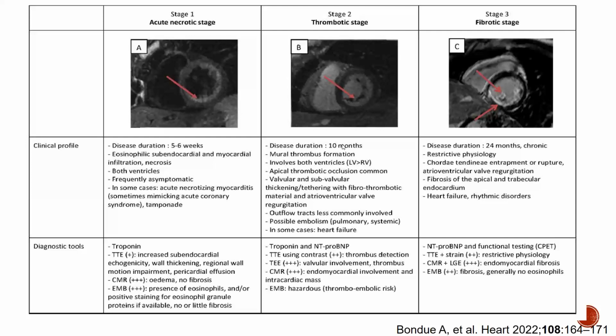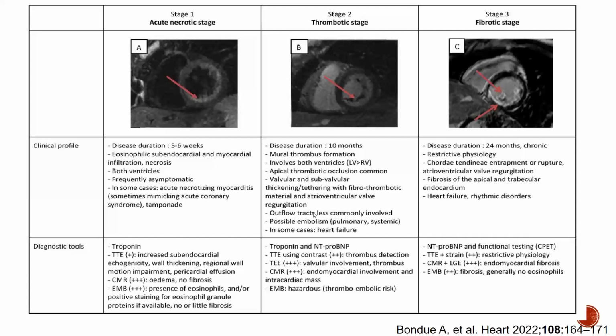where it's usually around 10 months of the disease, and it has mural thrombus formation. It involves both ventricles with LV more than RV. It has apical thrombotic occlusion, also common, valvular and subvalvular thickening and tethering with fibrothrombotic material, and valve vegetation.